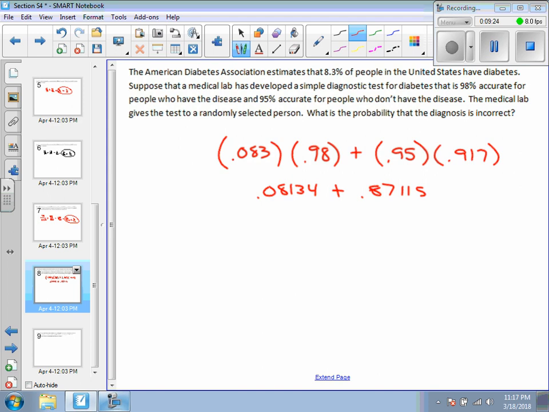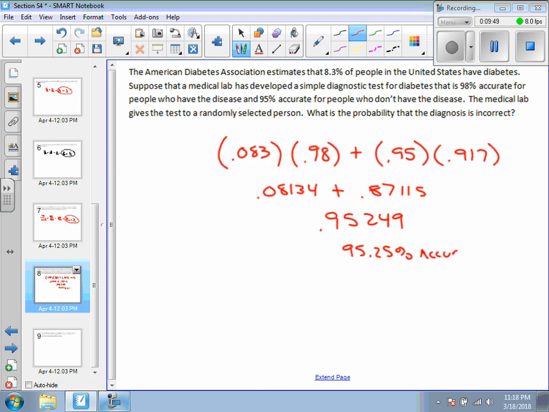I'm going to add those two numbers together, and that comes out to be 0.95249. Now, that is our probability of a correct diagnosis, which is about 95.25%.